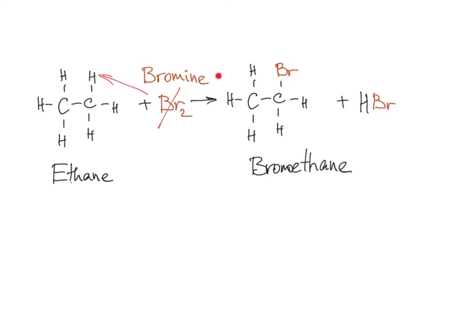So over here, as a product of this reaction, we now have bromoethane. And the remaining atom of bromine that was not part of the substitution reaction so far will now bind with the hydrogen that was knocked out of its place, forming this HBr compound.